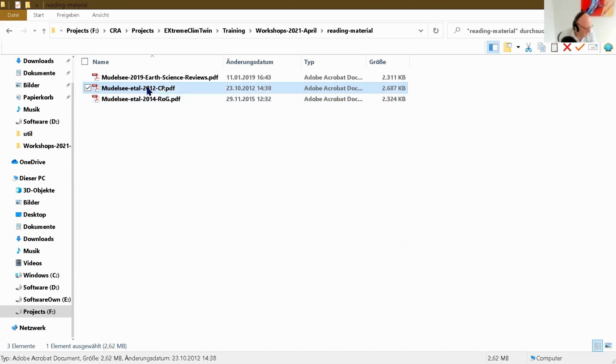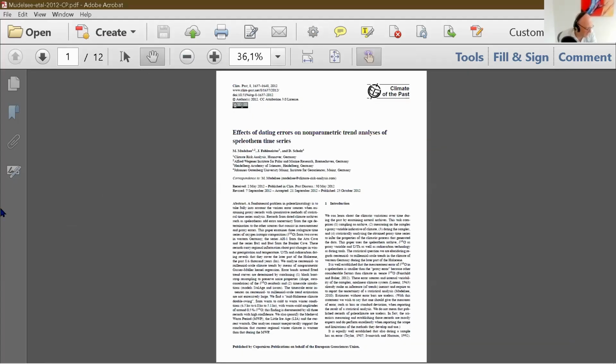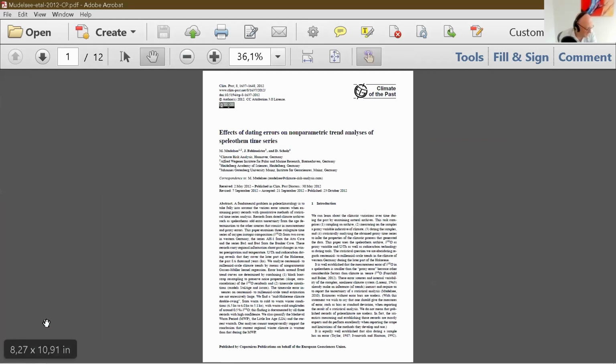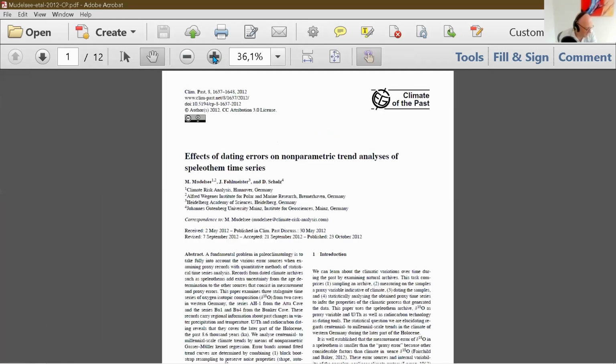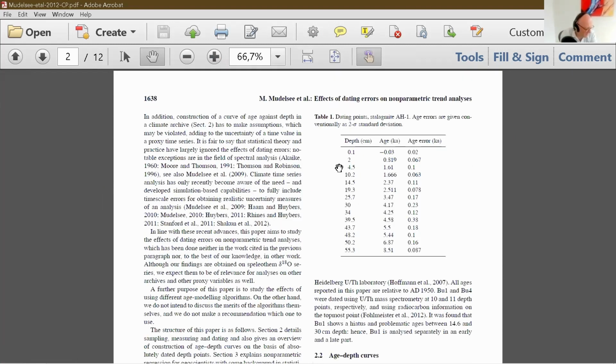This is a Climate of the Past paper here. The idea of that paper was to study the effects of dating errors on the non-parametric trends, with two colleagues who work on speleothems as well.